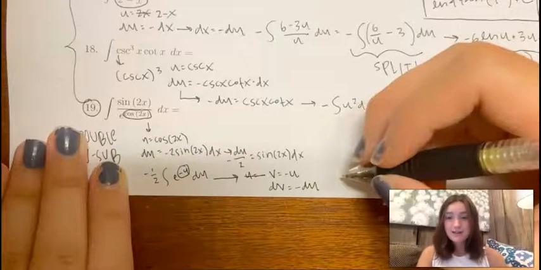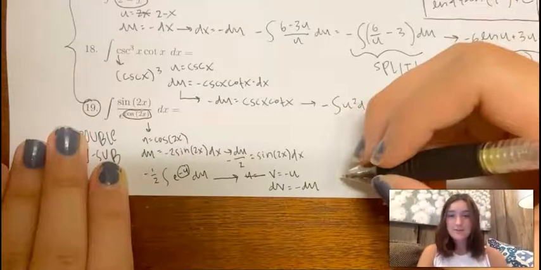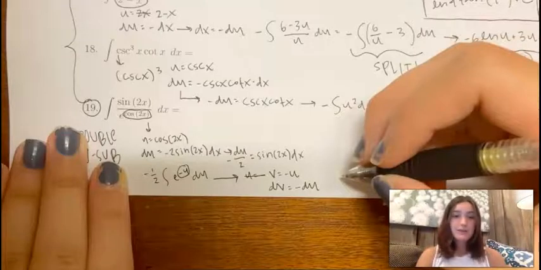It can really be any letter. I just chose v because my v's and my u's look pretty different. As long as you use something to distinguish your second u sub from your first one, it doesn't matter what the letter is. So I'm going to take that negative u right there, and that's going to be my v, which is just like my second u. And then the derivative of that is just negative du.